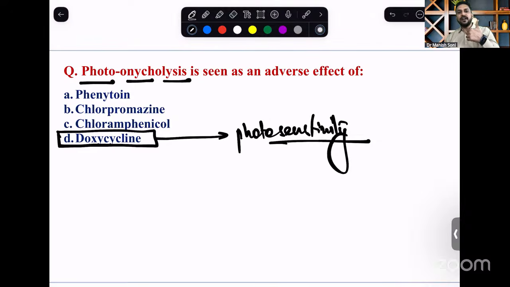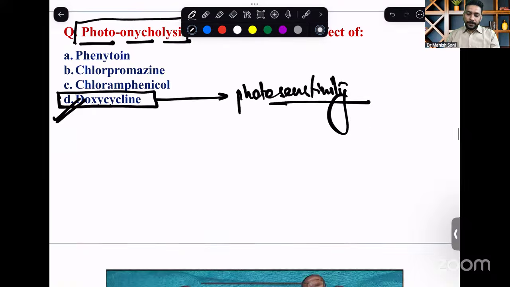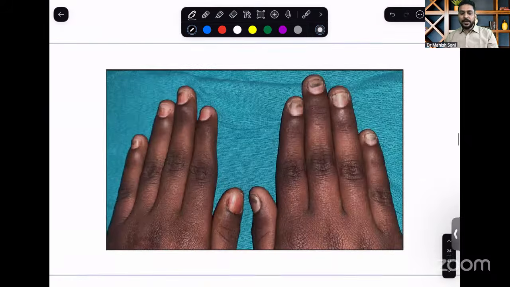Photo means after exposure to light, onycho means nails, and lysis means separation. So after exposure to light, the nails of this patient start separating from the underlying nail bed, and this is known as photoonycholysis. This is a side effect associated with doxycycline. Here you can see the patient suffering from this side effect.